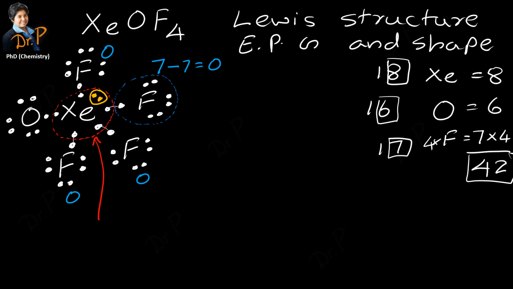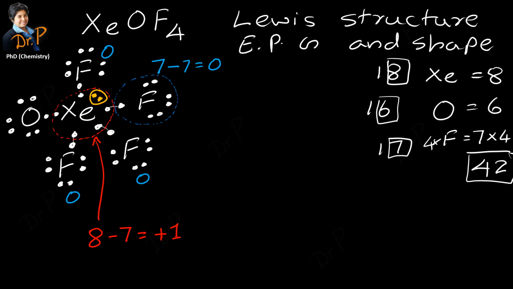Xenon has 8 valence electrons, but in the structure we have drawn, how many electrons is it holding? It is 1, 2, 3, 4, 5, 6, 7. So it is holding only 7 electrons. In that case, xenon is going to have a +1 formal charge.